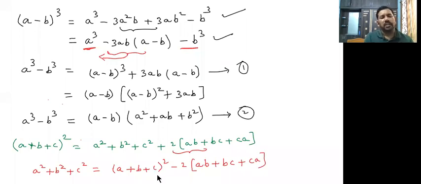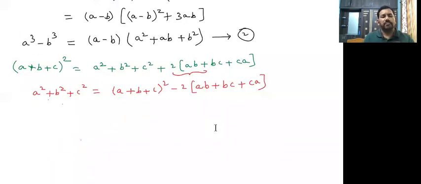So finally, a² + b² + c² = (a + b + c)² − 2(ab + bc + ca). This is another formula.